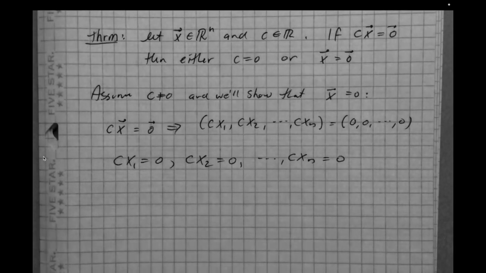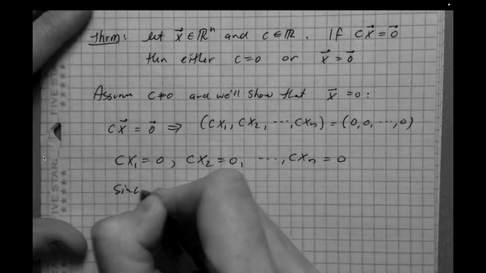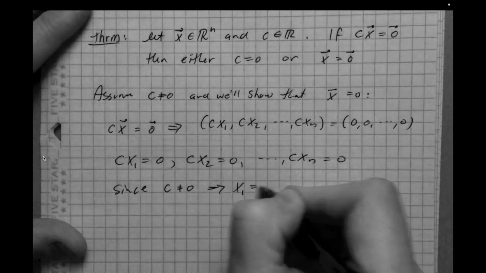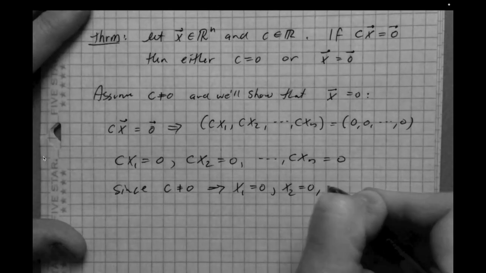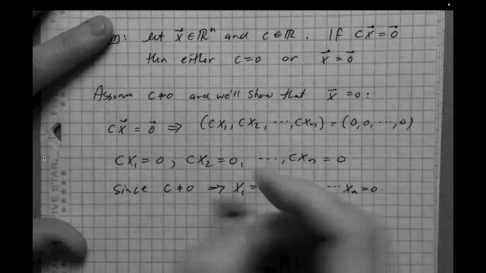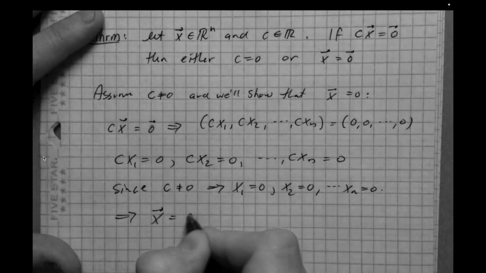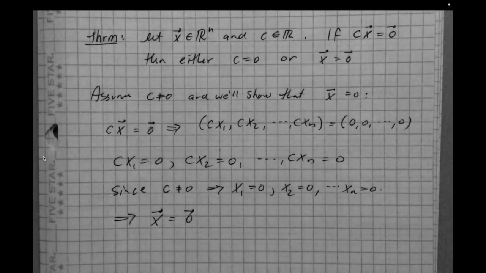And since C is non-zero, by assumption, that's going to imply that x1 equals 0, x2 equals 0, xn equals 0, which obviously implies that x equals the 0 vector. So we've just shown that if C is non-zero, but C times X is equal to 0, then X must be 0.